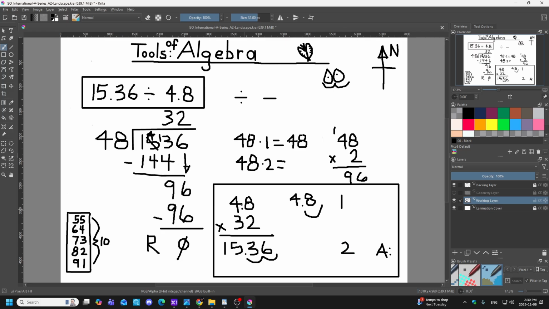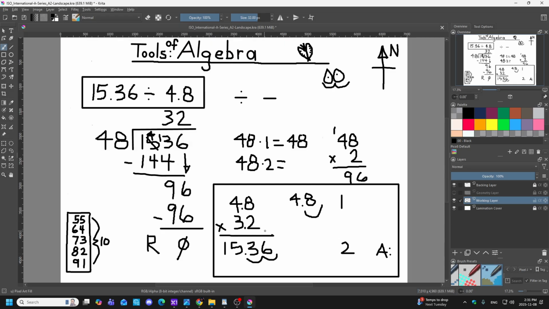Now, because we're dividing here, if I was to show you actually how to do it in the multiplication way, I would be adding. I would go 1 jump plus another jump equals 2 jumps. But we're dividing here, so we have to subtract.